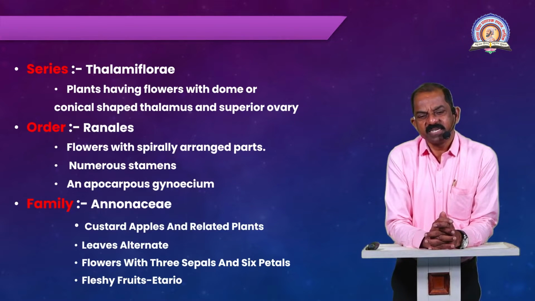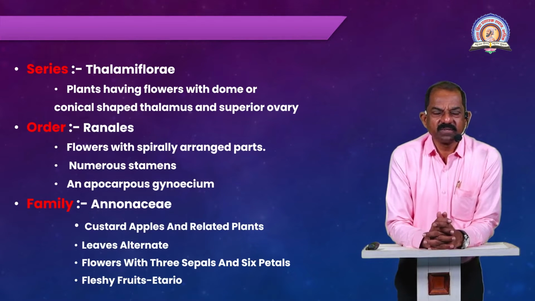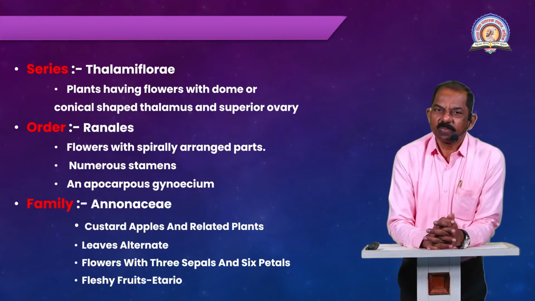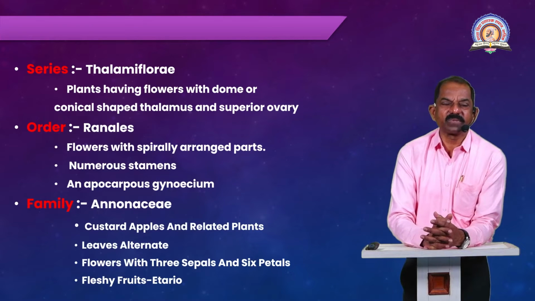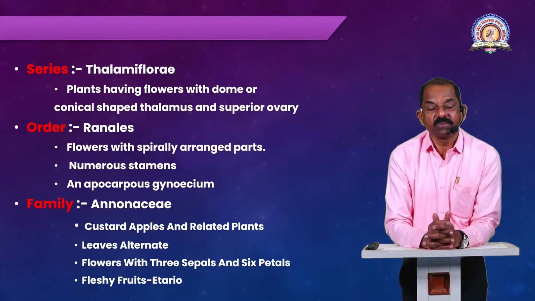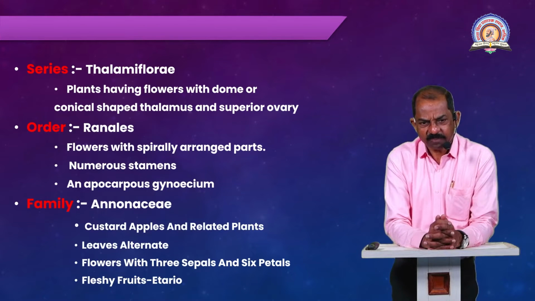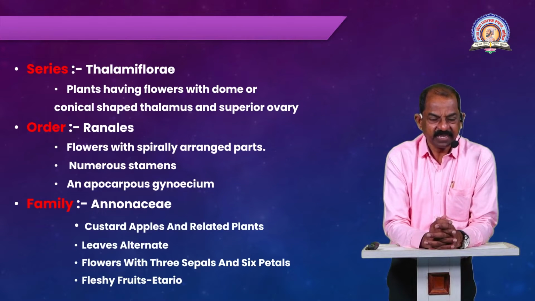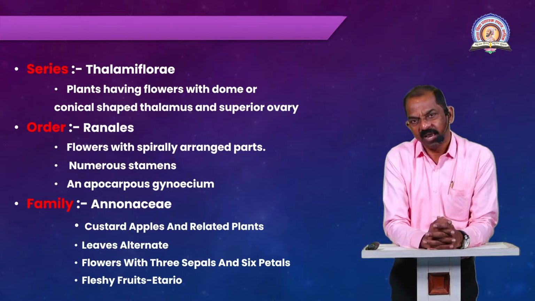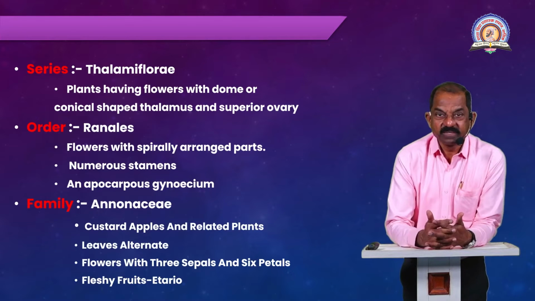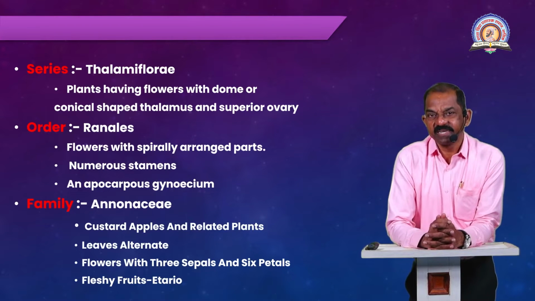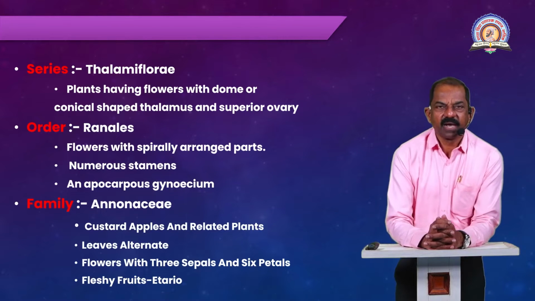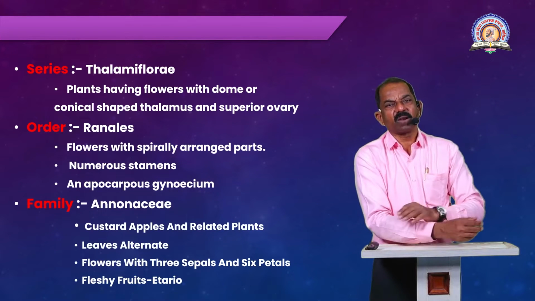One is the syncarpous condition, the second is the apocarpous condition. But here in the Ranales, the plants show the apocarpous gynoecium. Apo means free, carpous means carpels. Carpels are free, so we say the apocarpous condition is there. And if the carpels are united, we say the syncarpous condition is there. But in the order Ranales, the gynoecium is of the apocarpous condition.